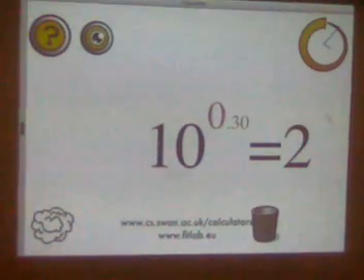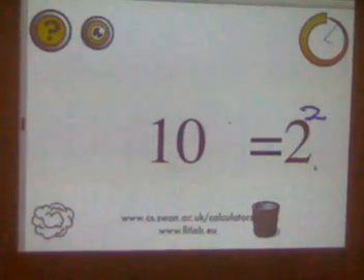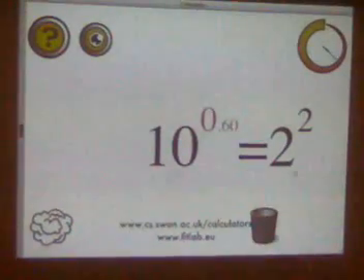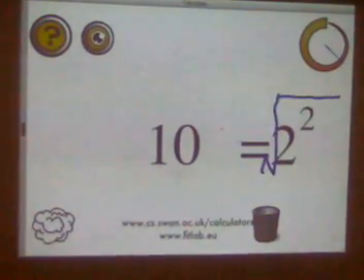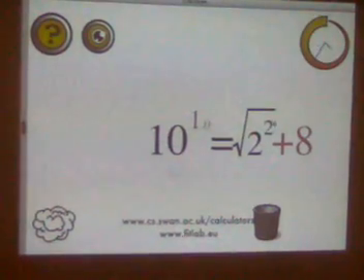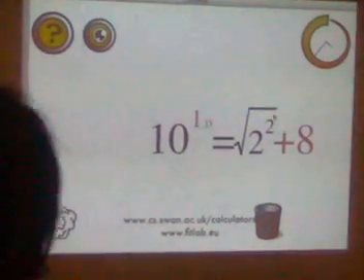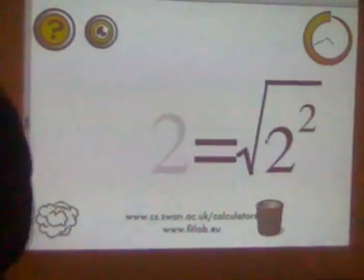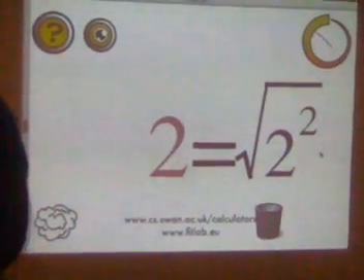So if I square the 2, this will become 0.6. And if you take the square root of the square, this will go back to 0.3. Now, this is correct, but it's letting me down. Square root of 2 squared is 2.